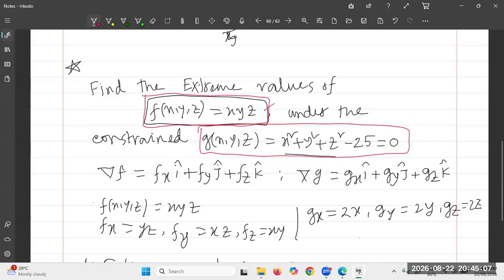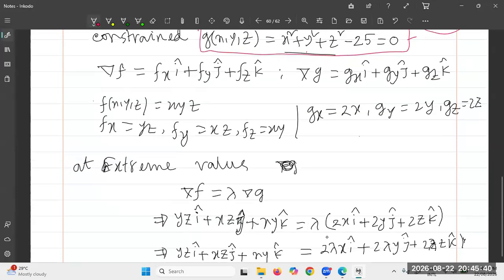So the functional output of this function under this restriction can be maximum 125 divided by 3 root 3. This is the maximum value, and the minimum functional output under this restriction can be negative 125 divided by 3 root 3. So these are the extreme values of this given function under the restriction. So we can calculate this way.